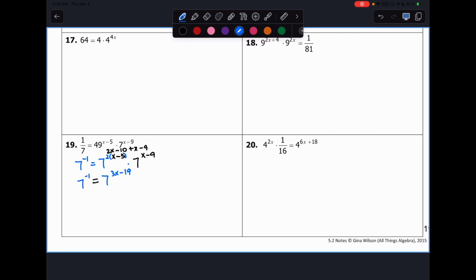Do we have a single exponent on both sides of the equal sign? Yep. So we just set it equal to each other, negative 7. Drop the bases. Set it equal to each other. Add 19 to both sides, and I get 18 equals 3x. Divide both sides by 3, and x equals 2. Done. Check it.